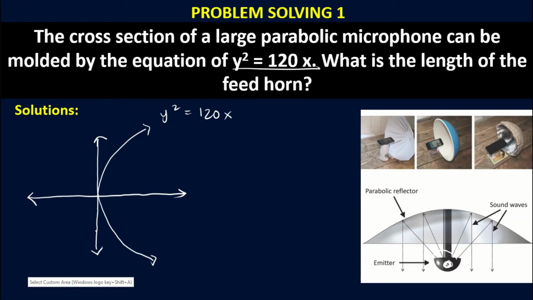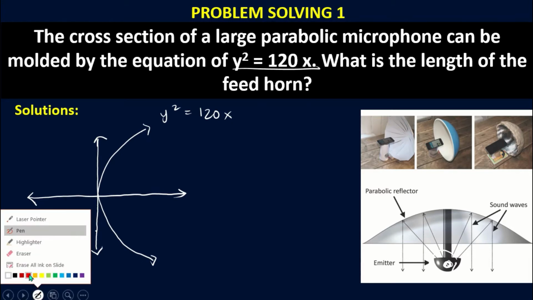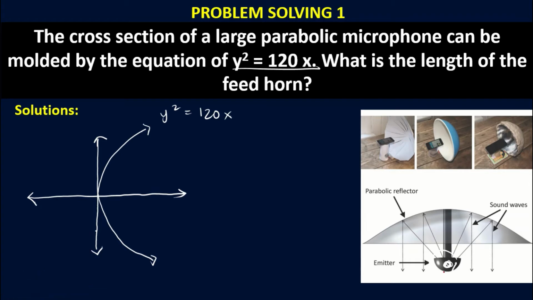Kasi once na alam na natin yung pwesto ng ating feed horn, and once na yan ay nakapag-produce ng sounds, we expect na yung mapo-produce na sounds ay magbabounce dun sa ating parabola and magpo-form ng parallel lines. Itong mga linyang ito, again, we are referring to the directions or the flows of the sound waves.